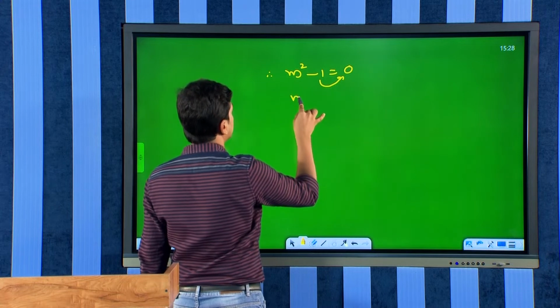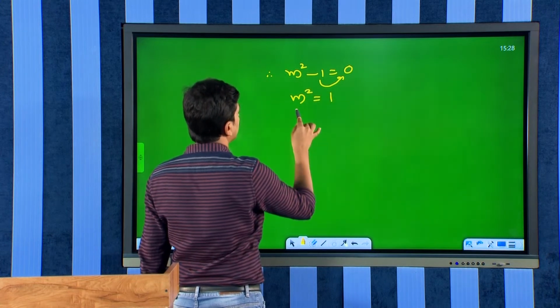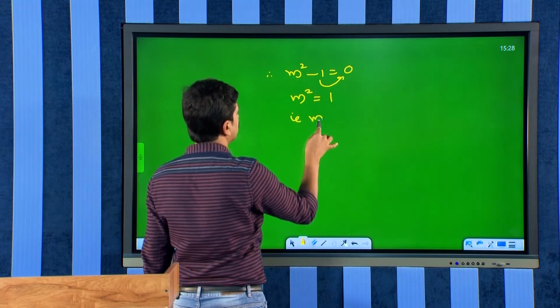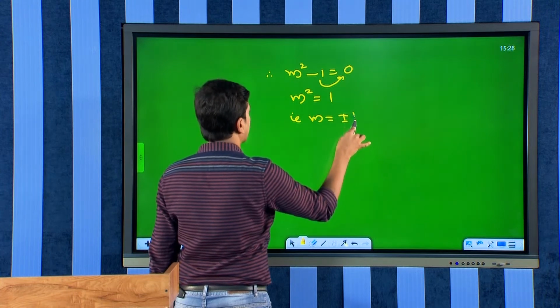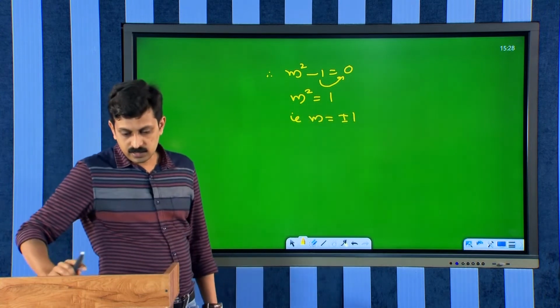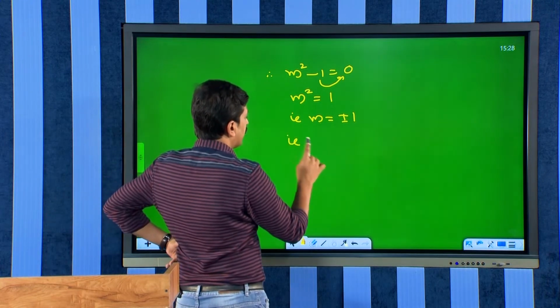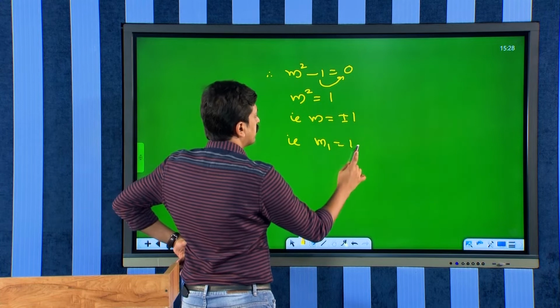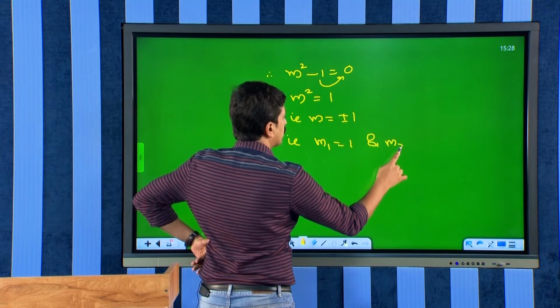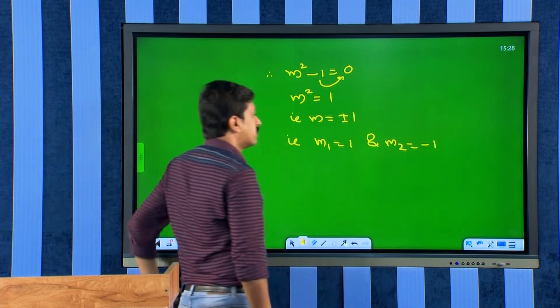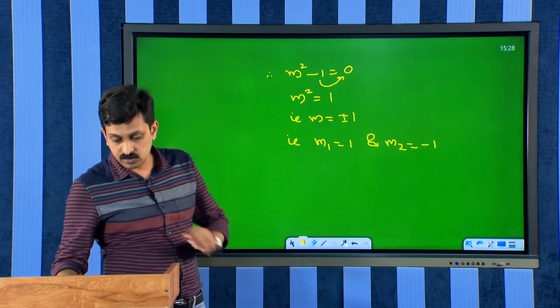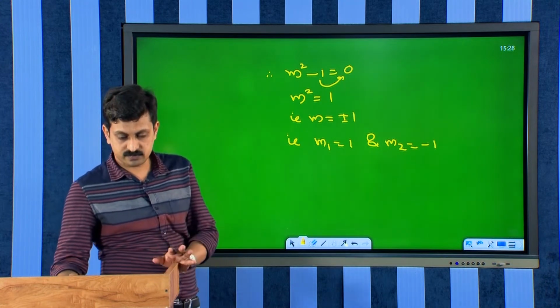So, we can write m square equal to 1, that is m is equal to plus or minus 1. That is m1 equal to plus 1 and m2 is equal to minus 1.